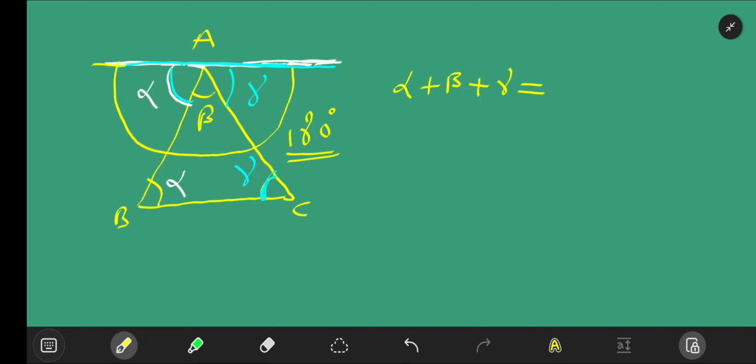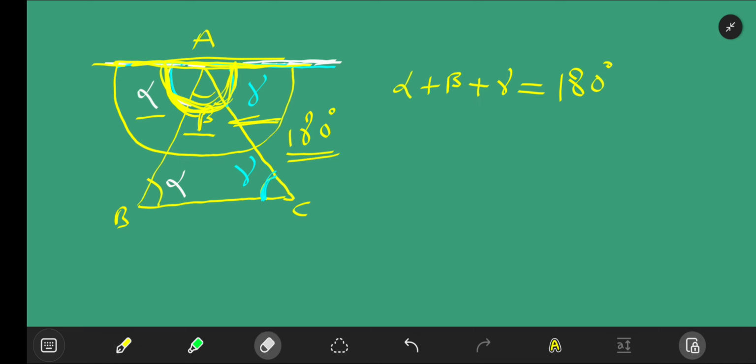Yes or no? I said in the first class, when I taught the types of angles, that a straight angle is equal to 180 degrees. This is a straight line, and a straight line always forms 180 degrees. The sum of these three makes this complete straight angle. So alpha plus beta plus gamma is equal to 180 degrees.